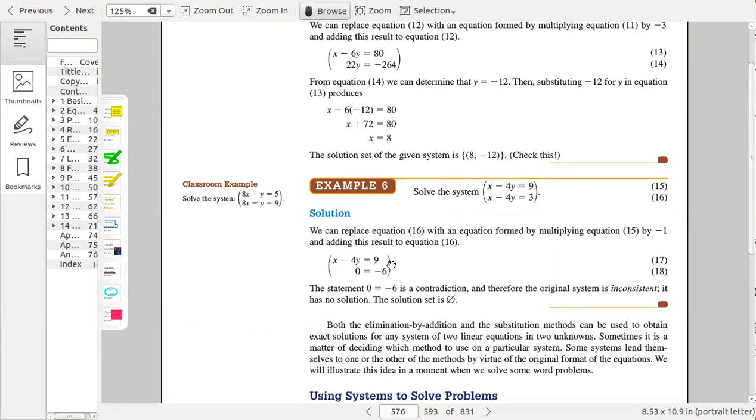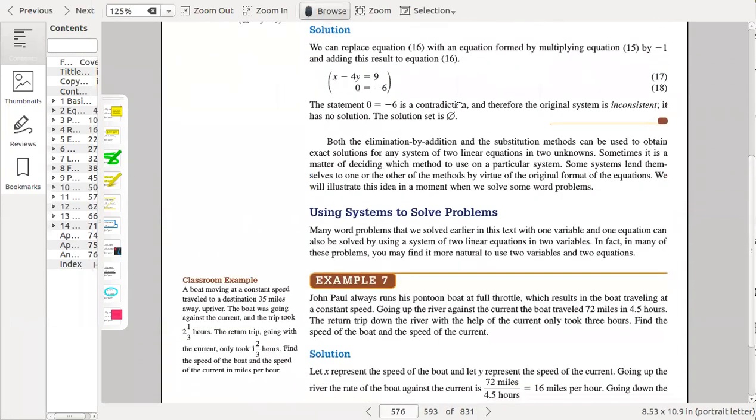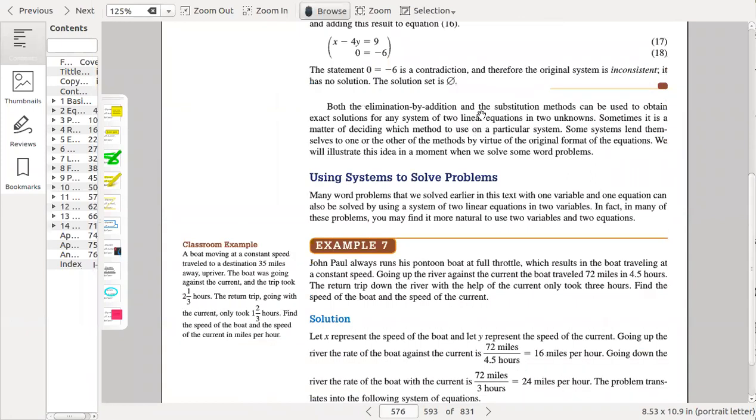This is not true because the statement 0 equal to minus 6 is a contradiction. Therefore, the original system is inconsistent. So this system has no solution. The solution set is the empty set.